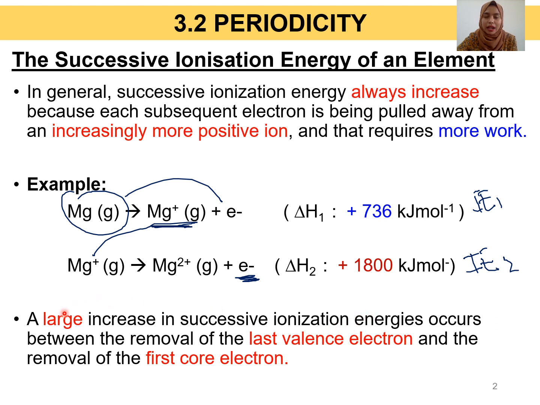Kalau let's say ada large increase tu, ada big jump ataupun big increase, okay, if you compare between successive ionization energy, itu adalah kerana sebab kamu remove the valence electron daripada dia punya first core electron.